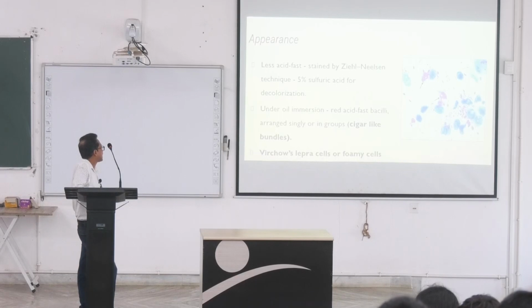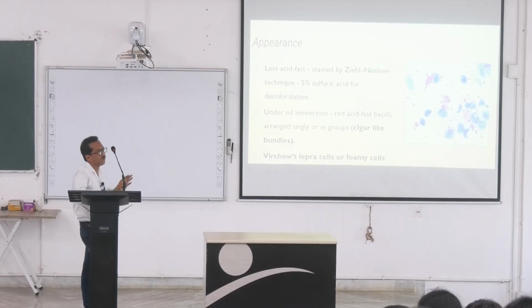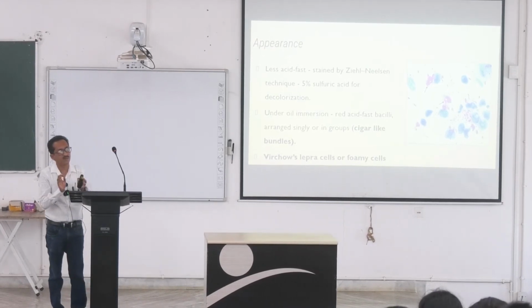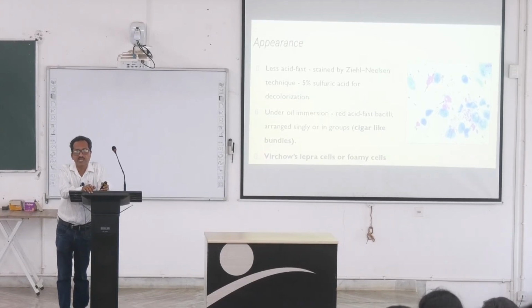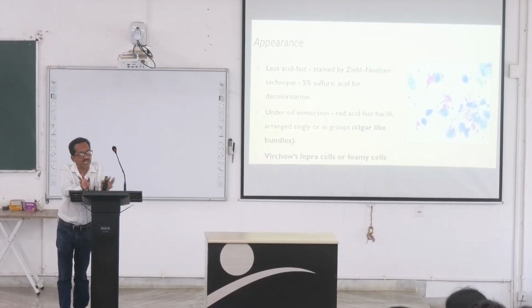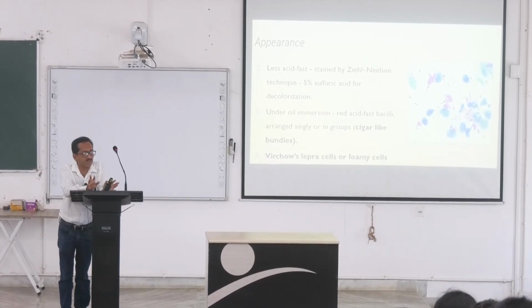So it is less acid-fast, the Ziehl-Neelsen technique with 5% sulfuric acid. Now, if you see it in the microscope, how will you differentiate if it is not told whether it is a sputum smear or a slit skin smear?